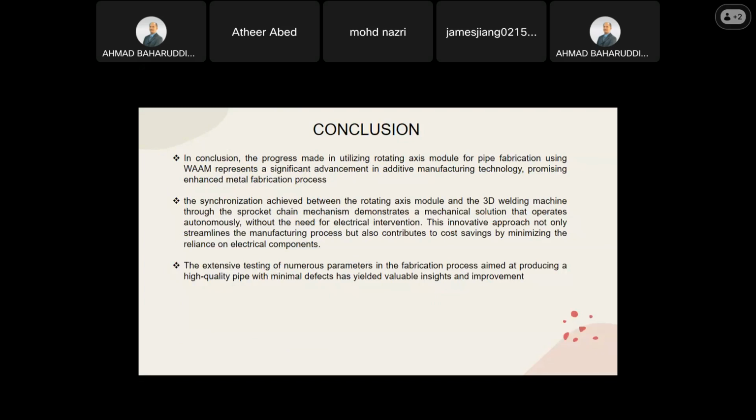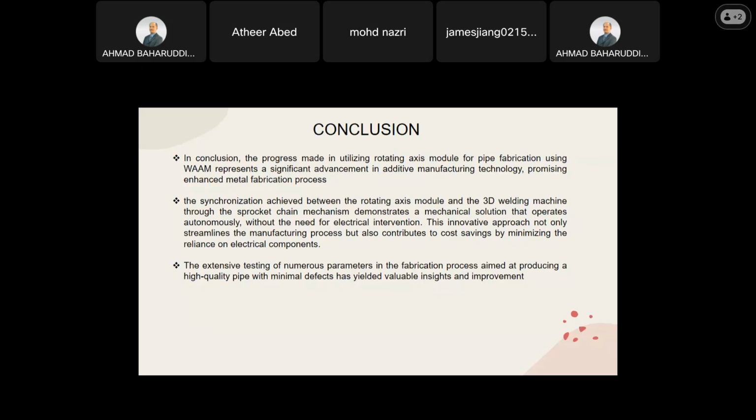This innovative approach not only streamlines the manufacturing process, but also contributes to cost savings by minimizing the reliance on electrical components. And the extensive testing of numerous parameters in the fabrication process, aimed at producing a high-quality pipe with minimal defects, has yielded valuable insights and improvement.